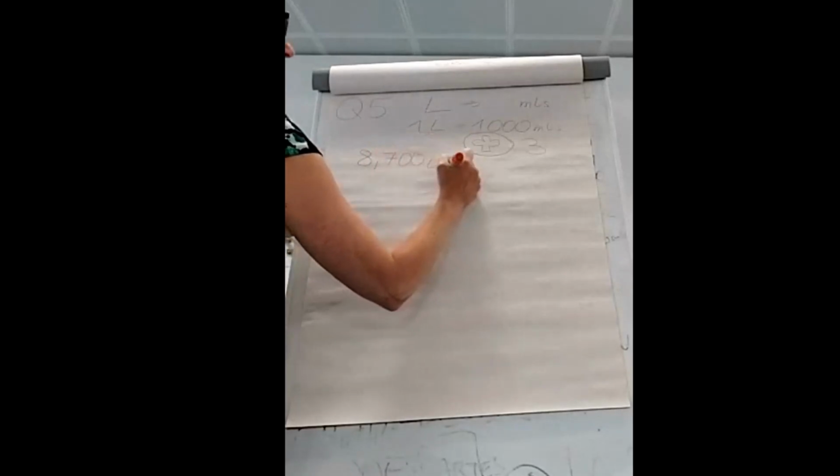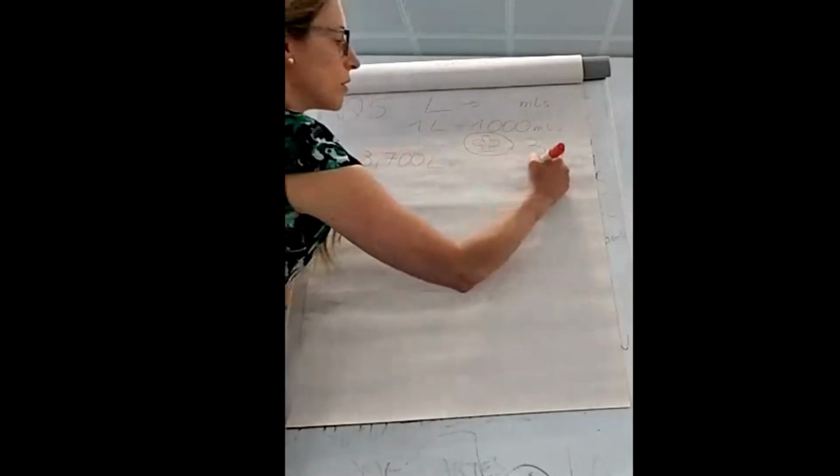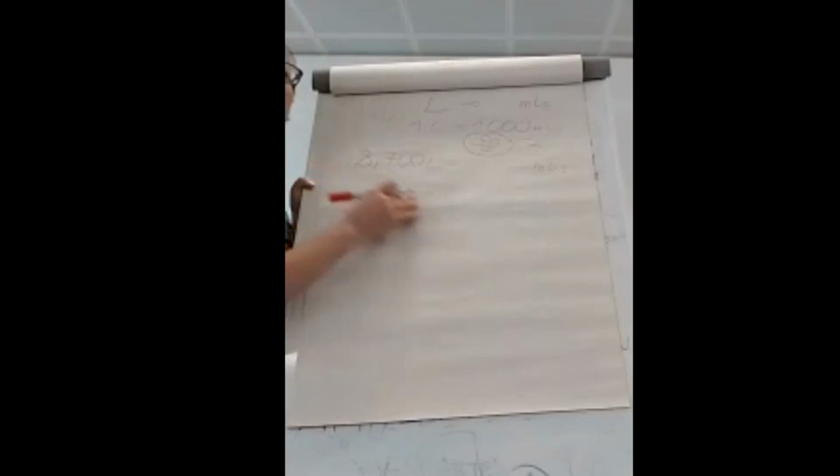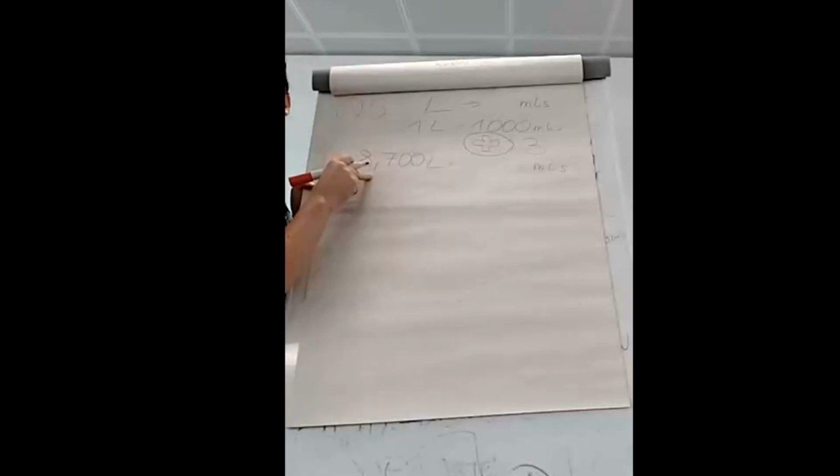8,700 liters to milliliters. In order to know that, first of all, we need to know where is the decimal place. Is it this one? No. What is this? It's a comma. It is indicating how to pronounce this number.